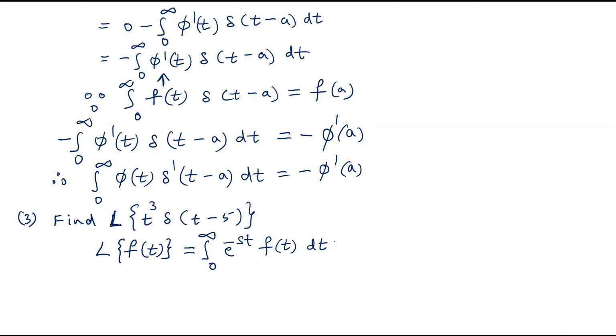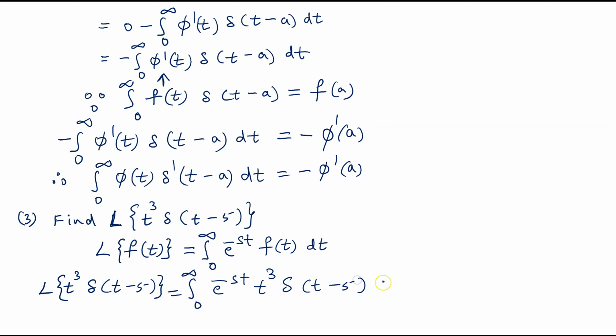So the Laplace transform of t cube into delta t minus 5 can be written as integral 0 to infinity e power minus st into t cube into delta of t minus 5 dt.